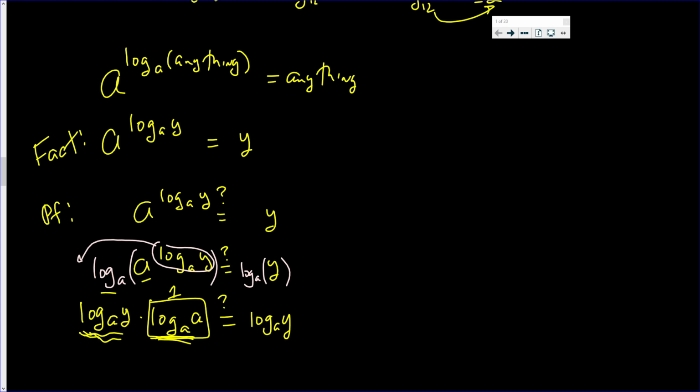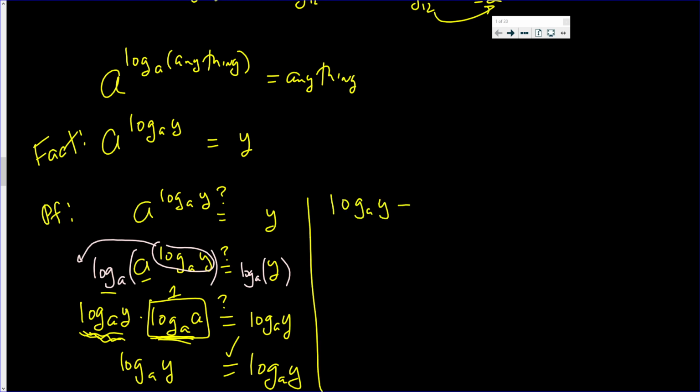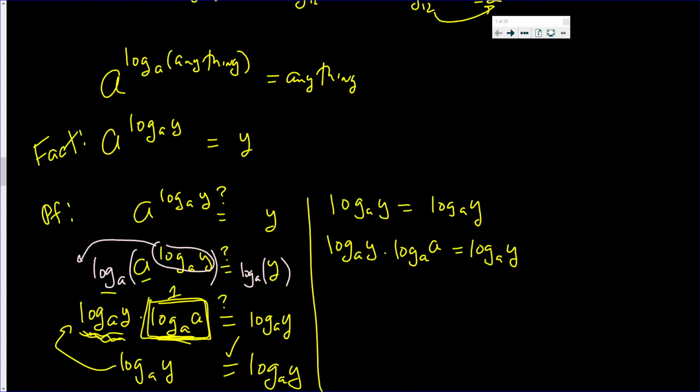This times 1 is just this. That is, log base a of y is equal to log base a of y. Of course that's true. So basically, you can prove it by just going the other direction. Clearly that's true, and when I went up one line, all I did was multiply by 1. I took log base a of y, multiplied it by 1, and it still equals log base a of y.